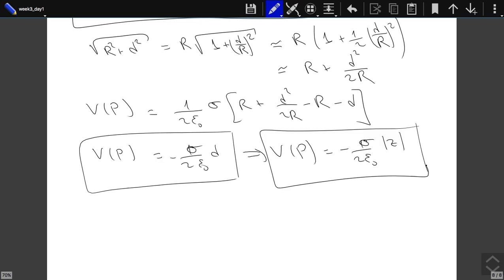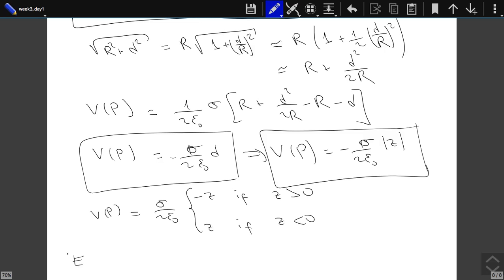So we know the potential. What about the electric field? Or let's say that V of P is equal to sigma over 2 epsilon 0 times minus z if z is larger than 0, plus z if z is less than 0. It won't depend on the x and the y components.